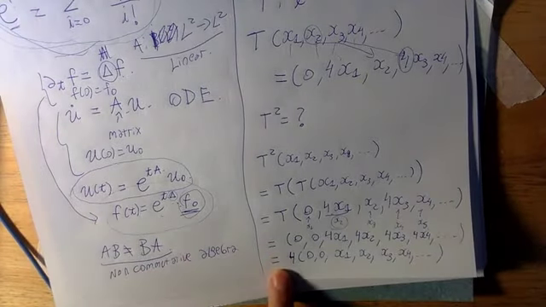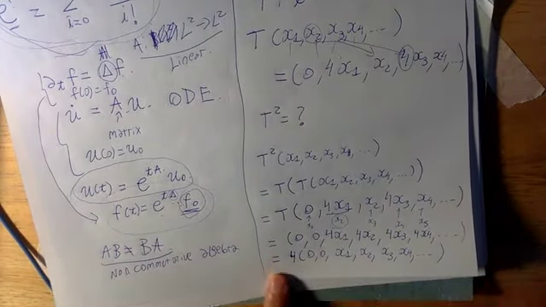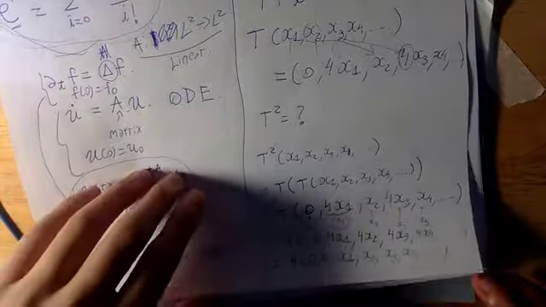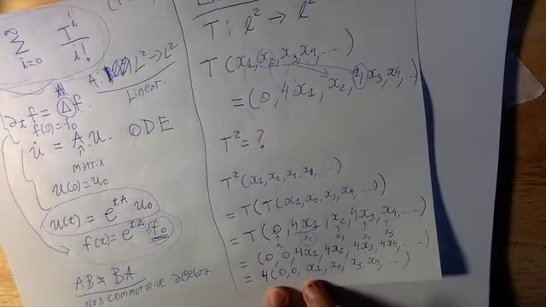So basically this is 4 times a shift to the right, which we have seen in a previous class is actually an isometry. One of the things that the question makes you realize is, what is the norm of T squared? The norm of T squared, we can realize, is 4 times an isometry.